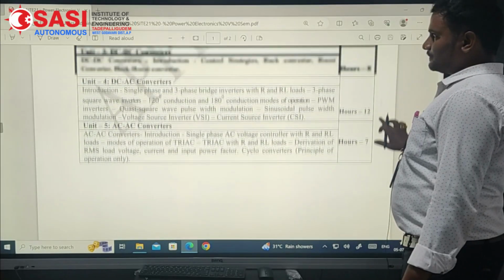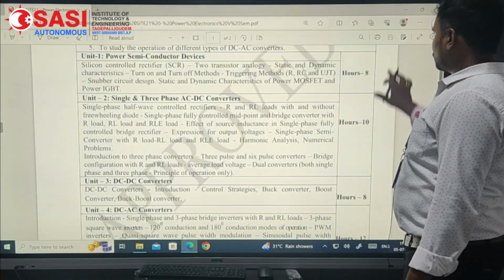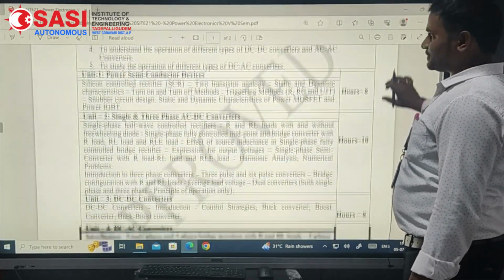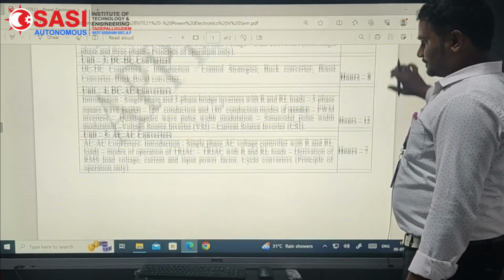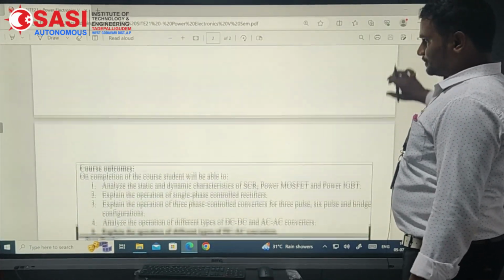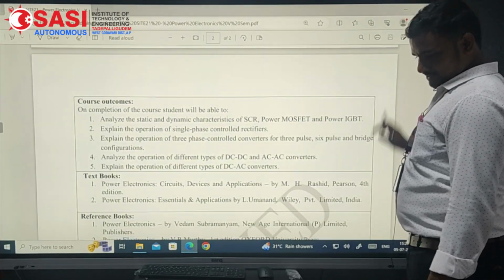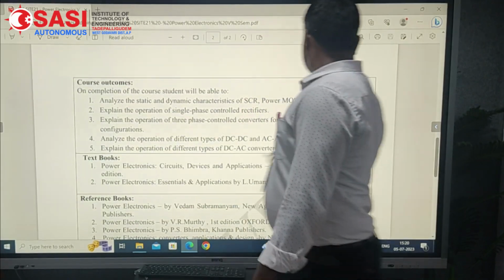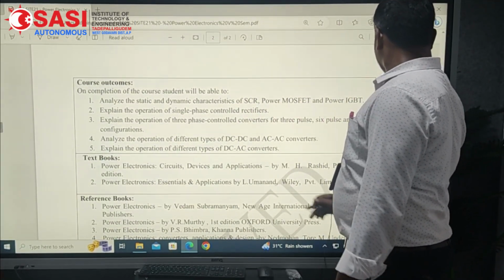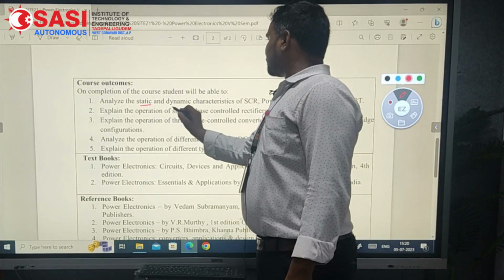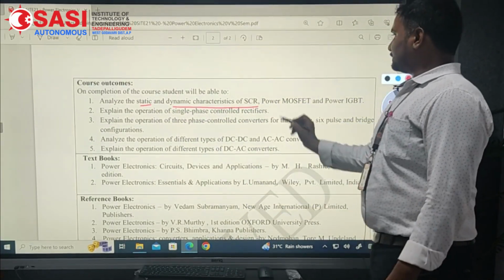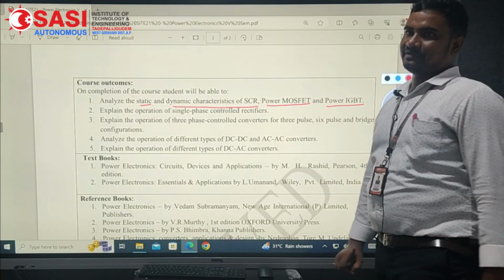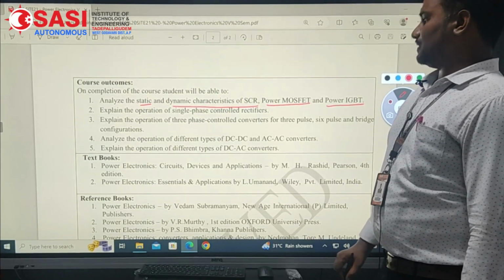So this is the outline of the course Power Electronics in this fifth semester. And from this content I can say the students are going to get the knowledge of analyzing the static and dynamic characteristics of SCR, and the students are able to analyze the power MOSFET and power IGBT significance in the power electronics and controller units.